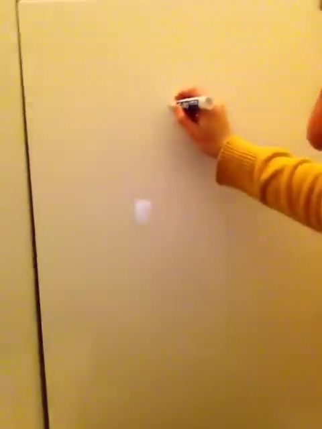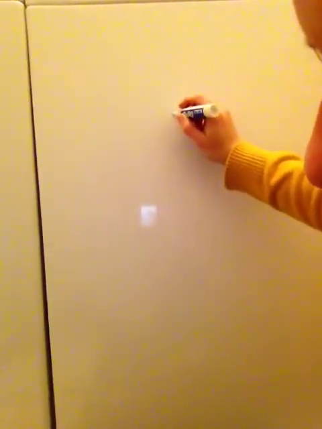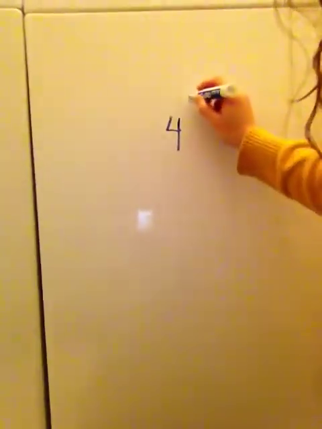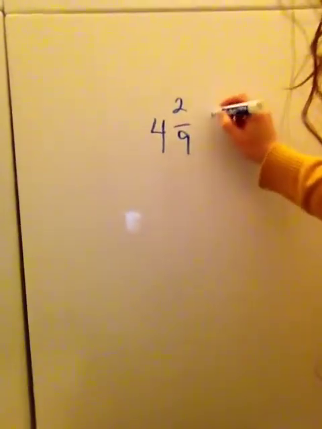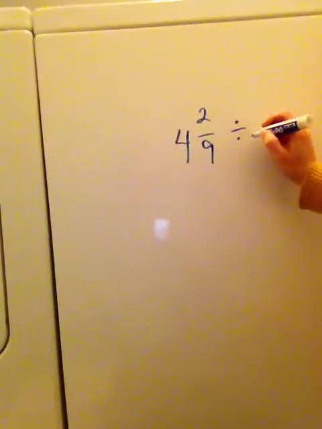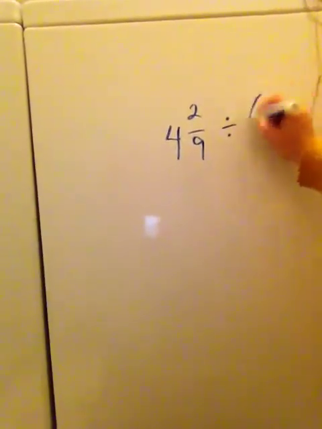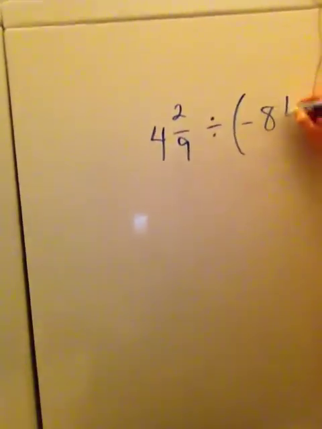Okay, so let's do 4 2/9 divided by -8 1/3.